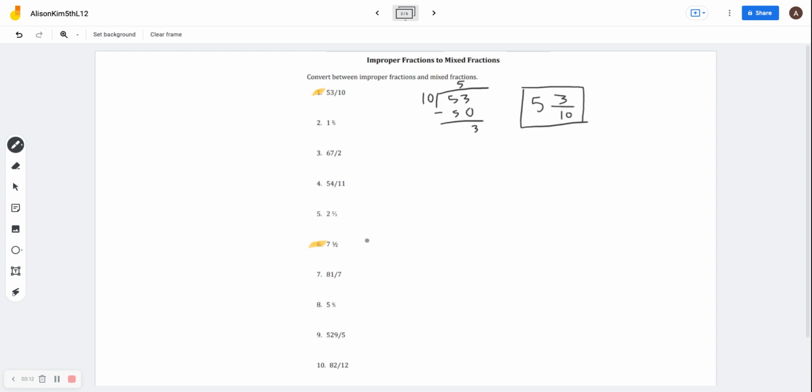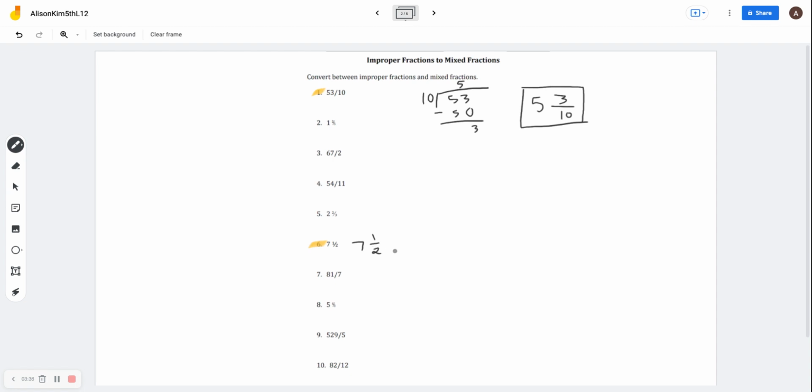Now we're going to try turning mixed fractions into improper fractions. Once again, we know that number 6 is a mixed fraction because, guess what? It has a whole number. So we're going to write this out like we usually write fractions, because it's a little hard to see right here. It'll be 7 and then 1/2.